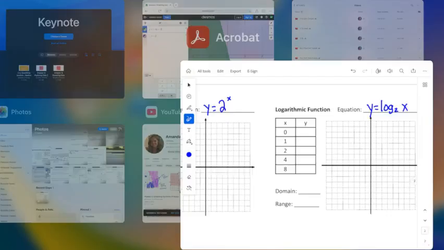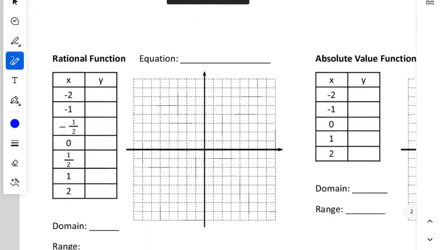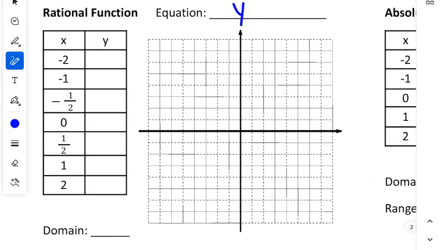All right, and then our last one. Oh, we have 2 left? Oh, okay. Yes. Yeah, 1 over x. Rational numbers can be written as a fraction.